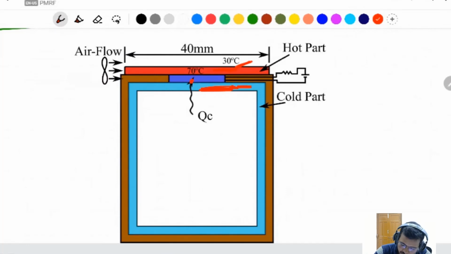Some of the heat flows like that because of the Peltier device. It will flow from cold to hot like that. But by the force cooling, some of the heat flows in this direction also.